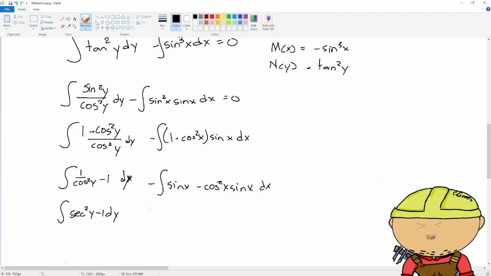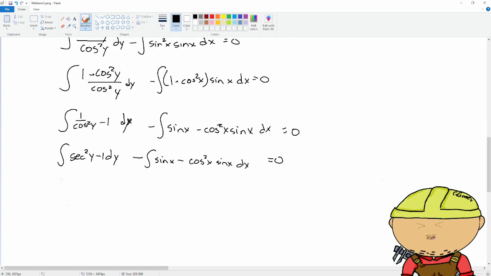Now, this is a lot easier to integrate, right? For our left side, secant square y has a direct integration, right? Our leftmost part, we have a direct integration for that. That is tangent y. Direct integration of negative 1 is negative y.